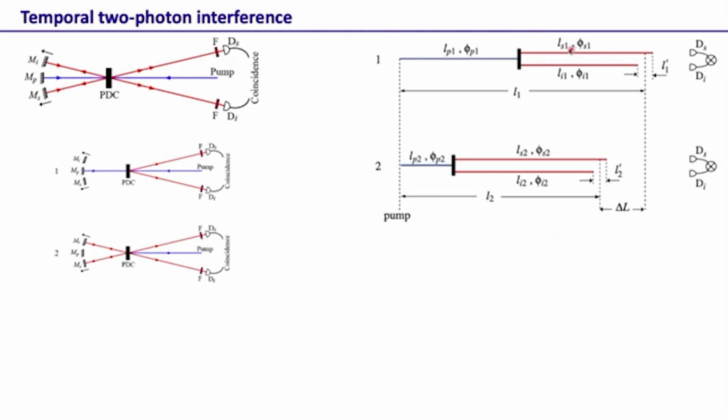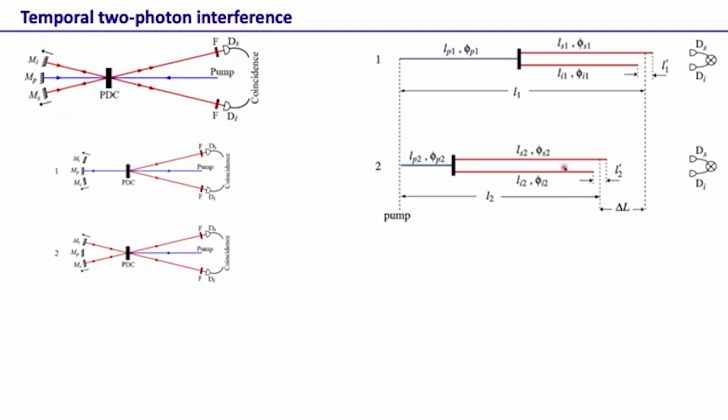I should also note that these diagrams are not really associated with this interferometer only. For any two photon interference, we can always represent that in terms of these unfolded two photon path diagrams. So once we have this two photon path diagram, the subsequent analysis is not necessarily limited to this particular interferometer, but can apply to any two photon interferometer for that matter.